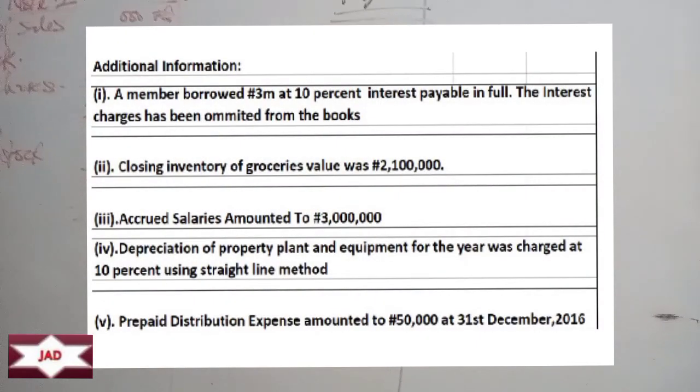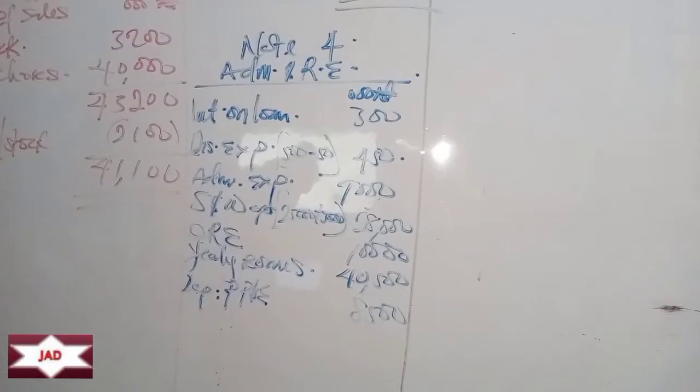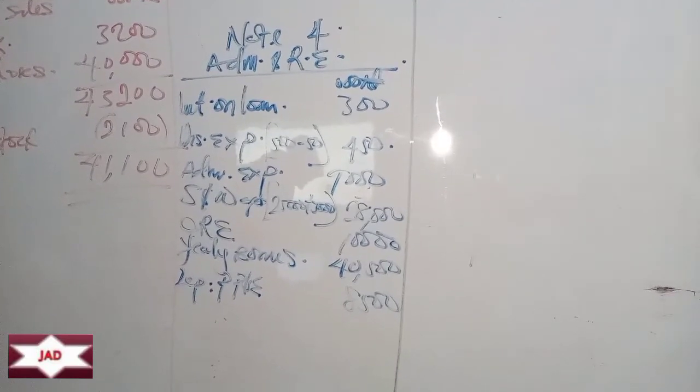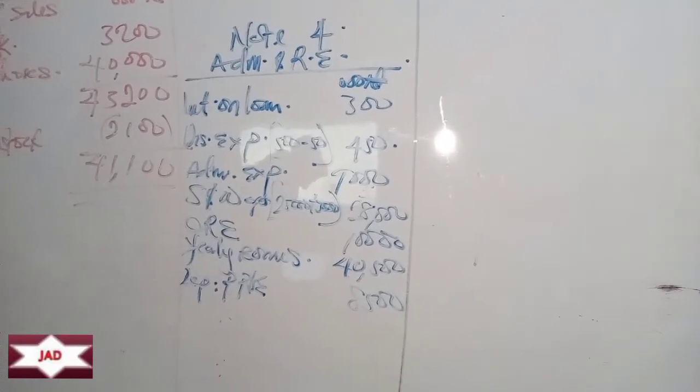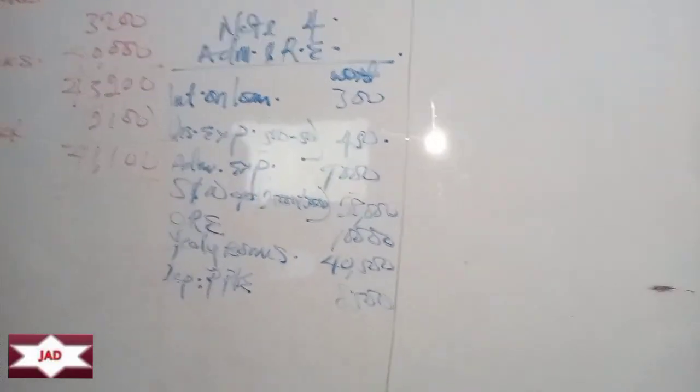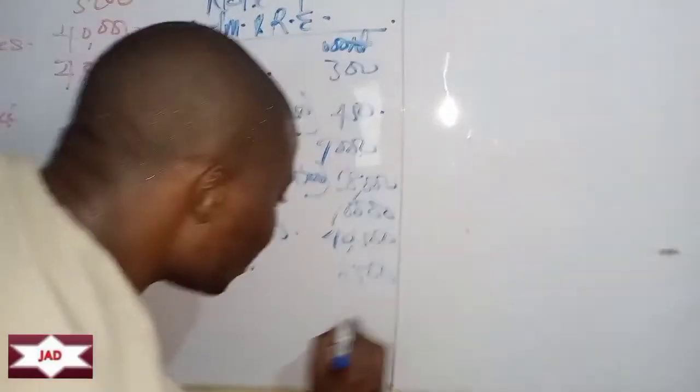Any other item there? There's no other item. Okay, taking interest, purchases, groceries, taking everything. So let's go. What's the total there?